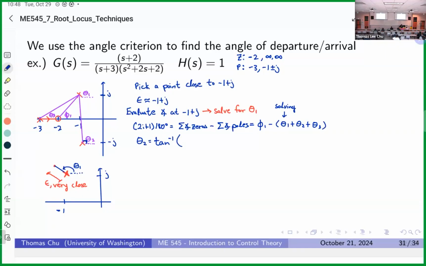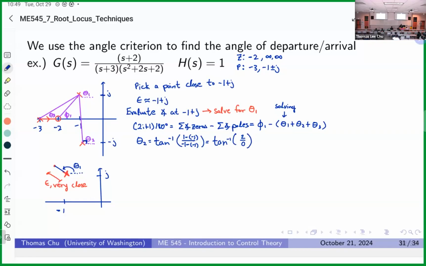But if you want to see the math for it, it's going to be our evaluated point, which has a height of 1, minus our pole location, which is -1, divided by our evaluated point, which is at -1, minus our pole, which is at -1, which is equal to arctan of 2 over 0.